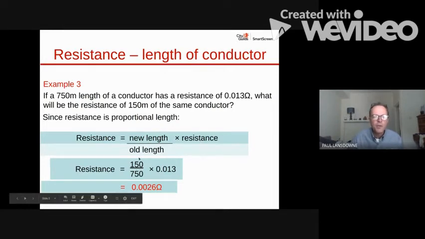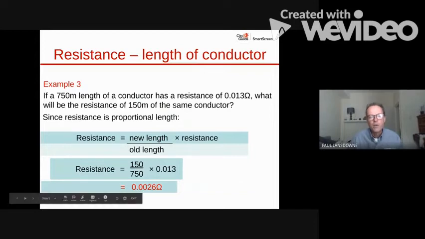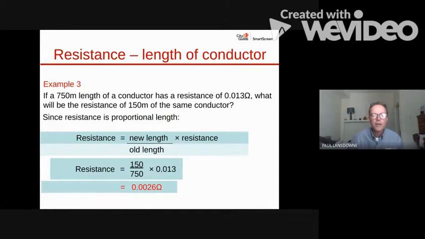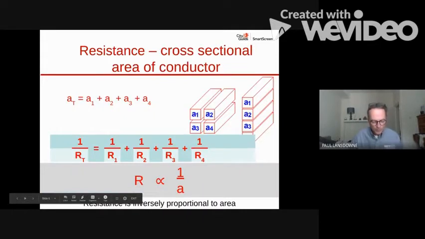If we use a little bit of basic arithmetic, or put it into our calculator using the buttons that we looked at before, we can see it's 1/5. So we're just working out 1/5 of 0.013, which is 0.0026. That's quite a nice example.